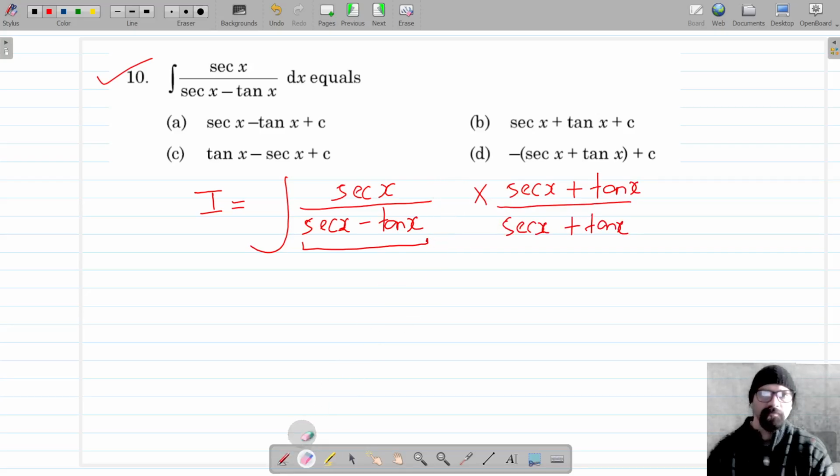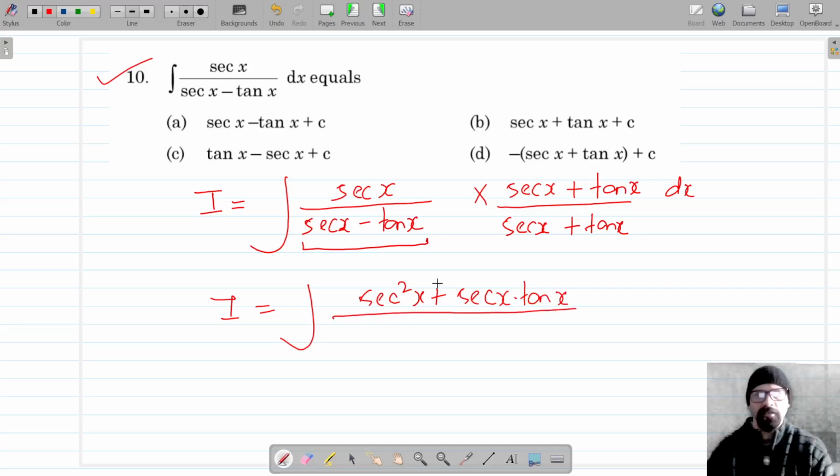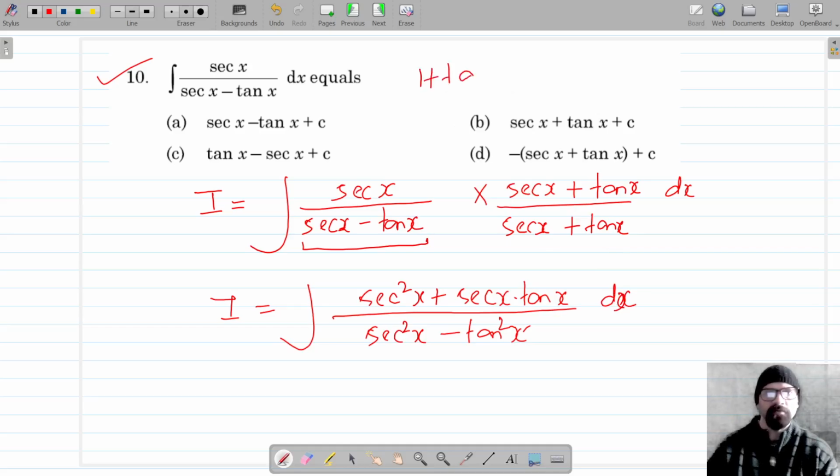Now this becomes, at the top, the numerator, secant square x plus secant x into tan x, and the denominator is always a square minus b square, so this is secant square x minus tan square x with the differential element dx. Now we know the trigonometric identity 1 plus tan square x is equal to secant square x, which gives me 1 is equal to secant square x minus tan square x.